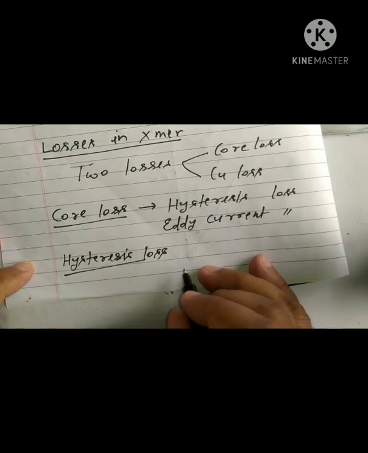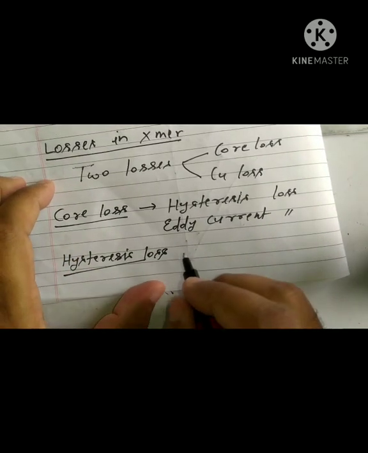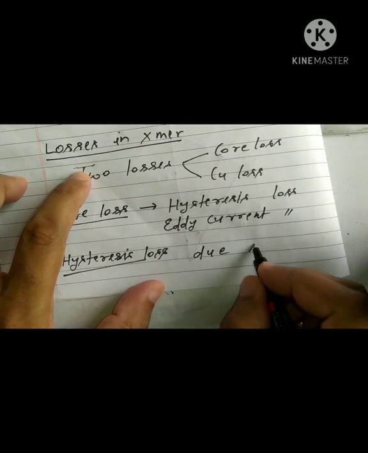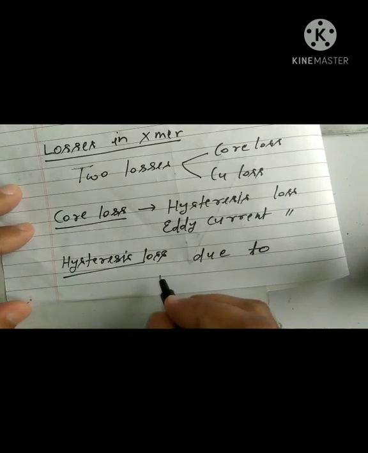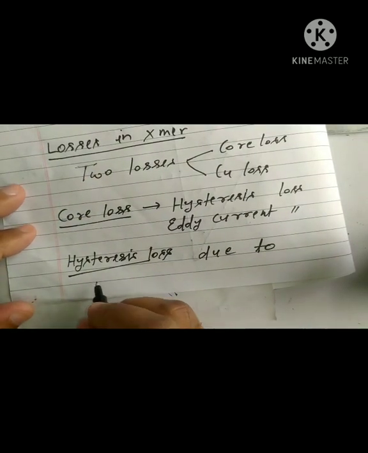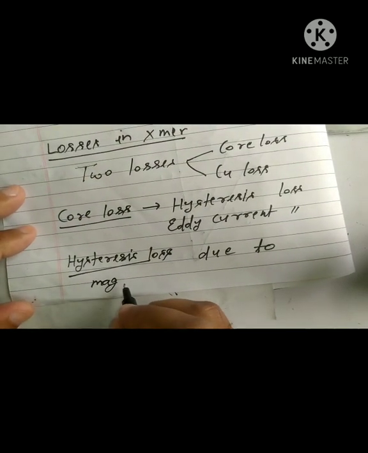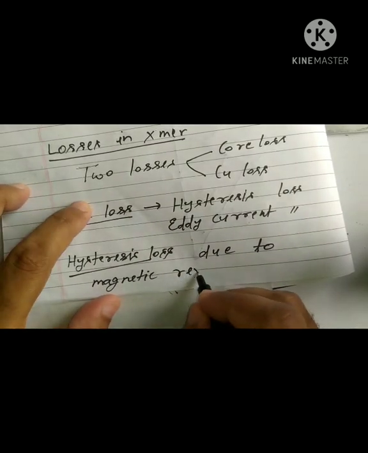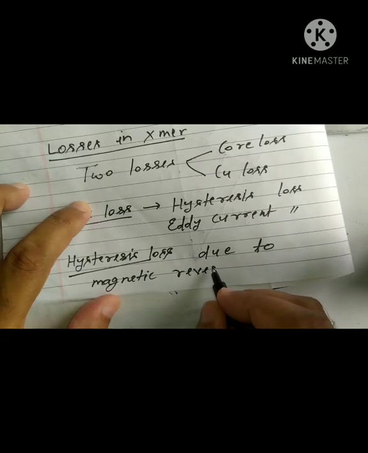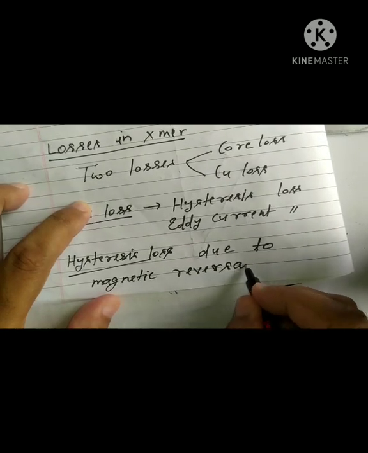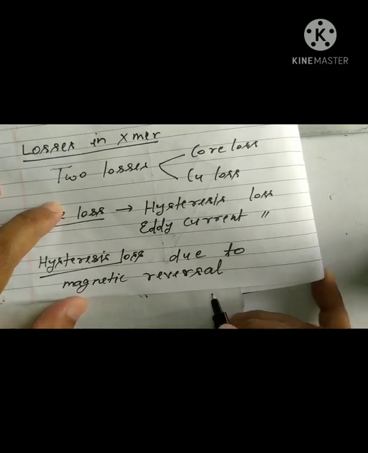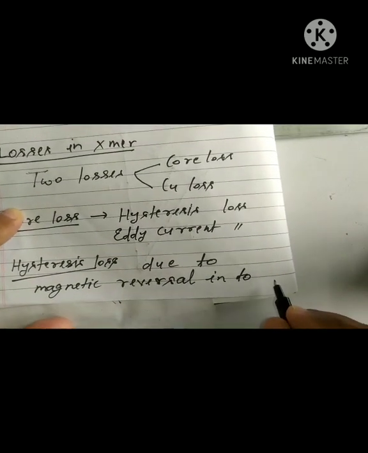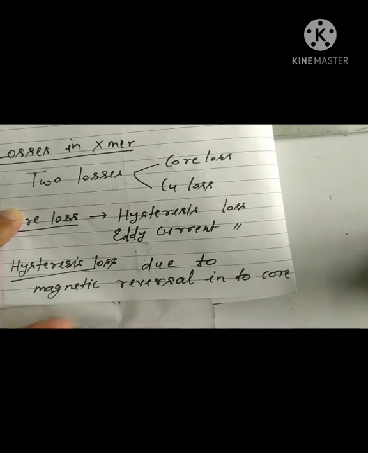This loss occurs due to magnetic reversal in the core, right?